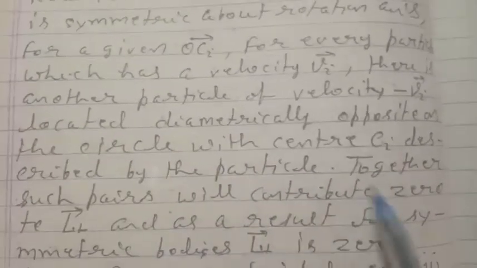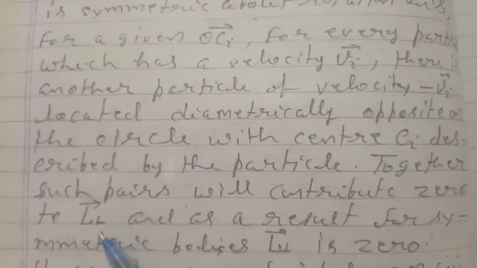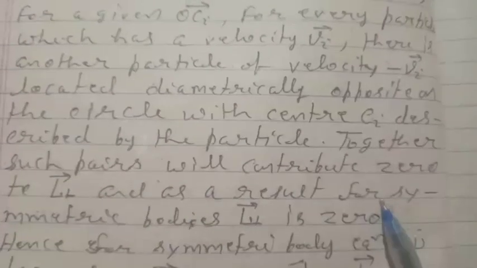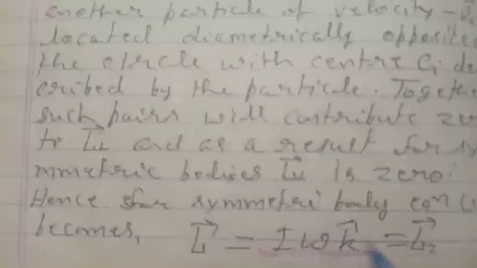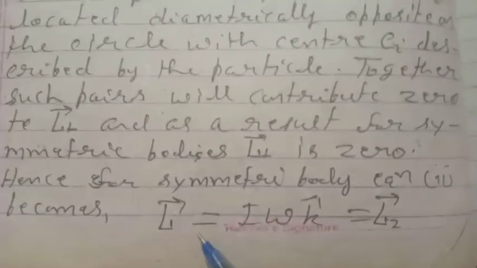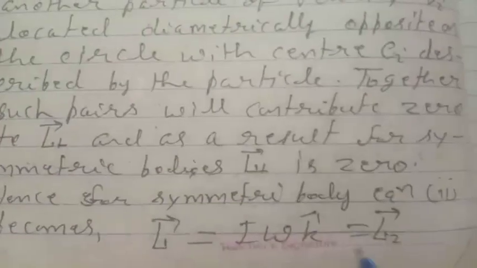Together such pairs will contribute 0 to L perpendicular vector, and as a result for symmetric bodies L perpendicular is 0. Hence for a symmetric body equation 2 becomes L vector equals I omega k cap, equals Lz vector.